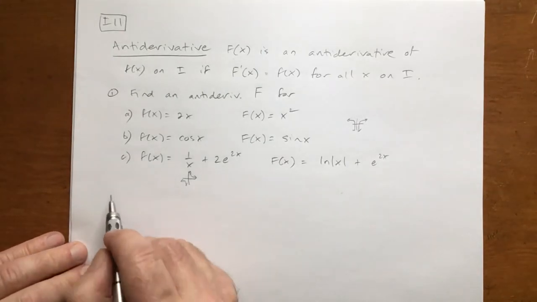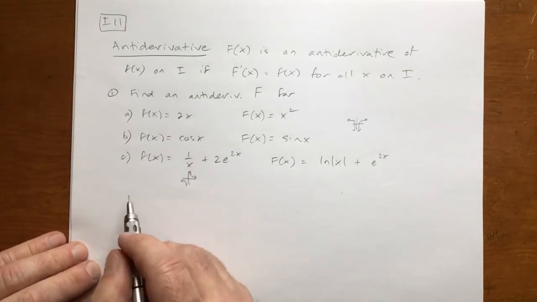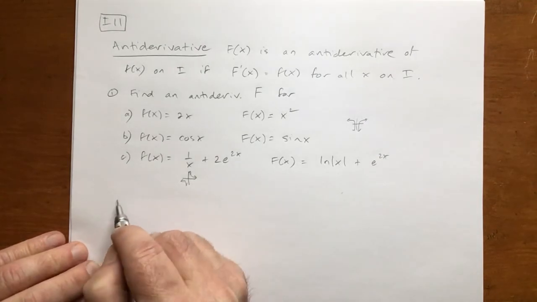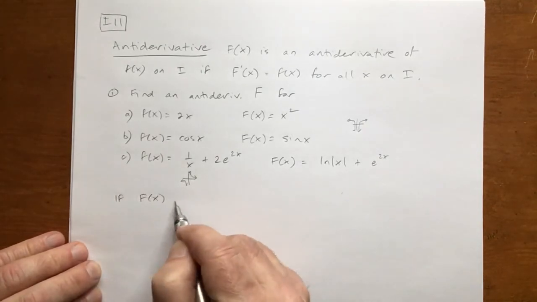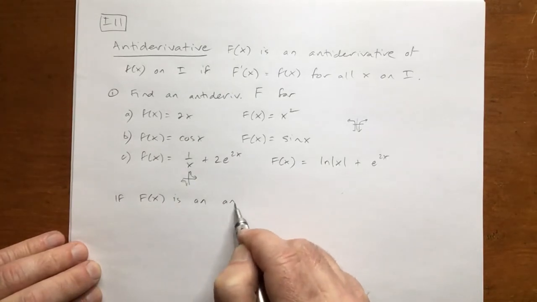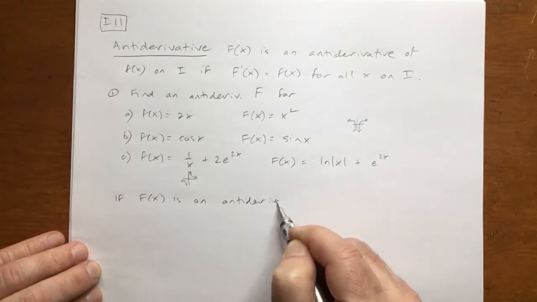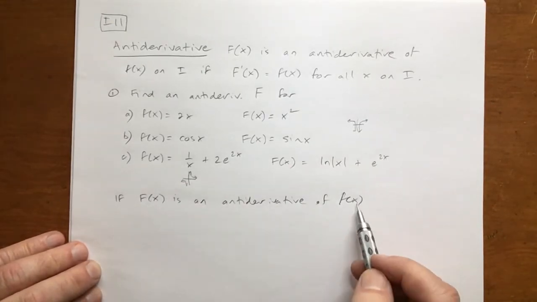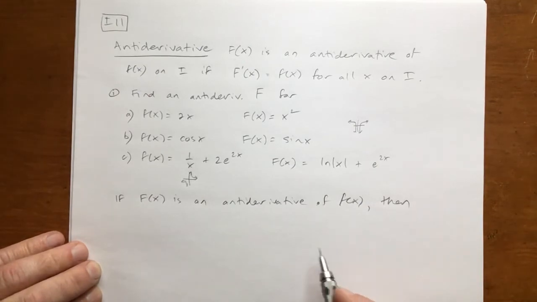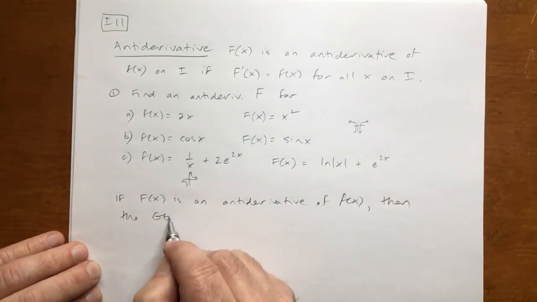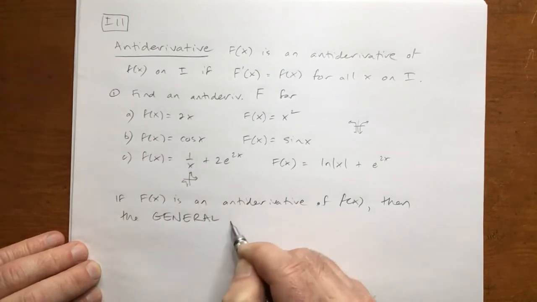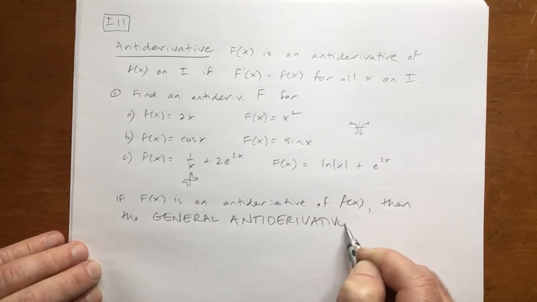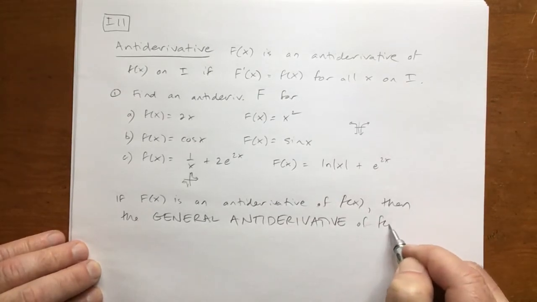Okay, and then perhaps if you were in the classroom, this would be one thing that would make us lose a ton of points this semester. So if we have an antiderivative of this function, then the general antiderivative, and we've talked about this already, but now it's going to be formal, of f of x.